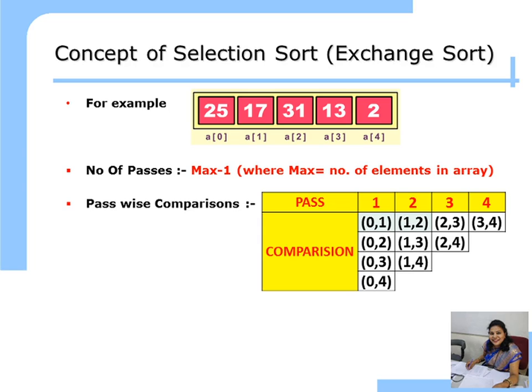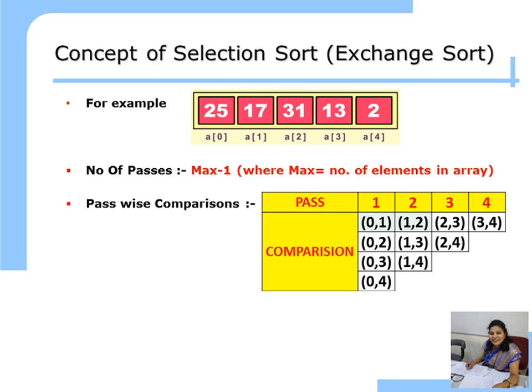As in bubble sort, at the end of the first pass the largest number comes at the last position, and at the end of the second pass the second largest number comes at the second last position. But in selection sort, at the end of the first pass, the smallest number comes at the zeroth location.